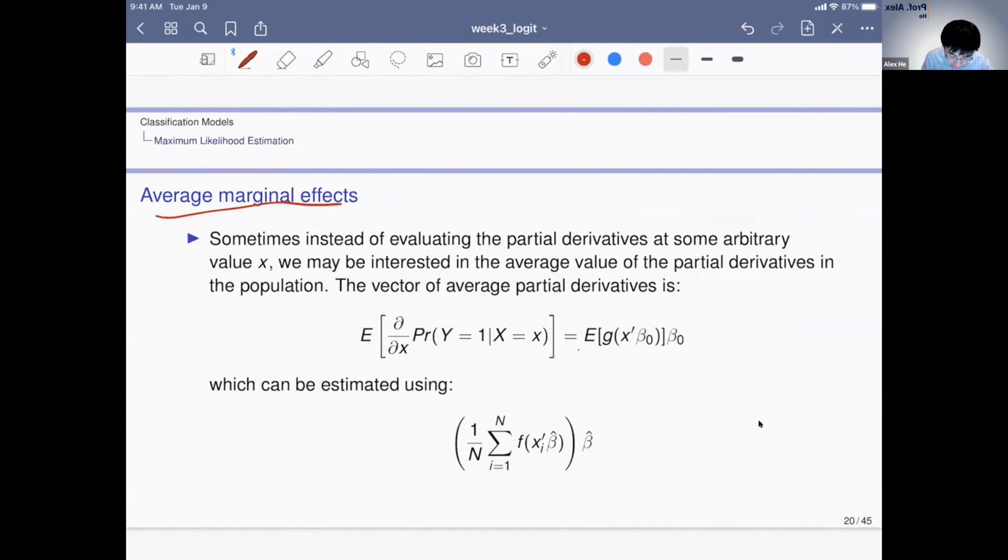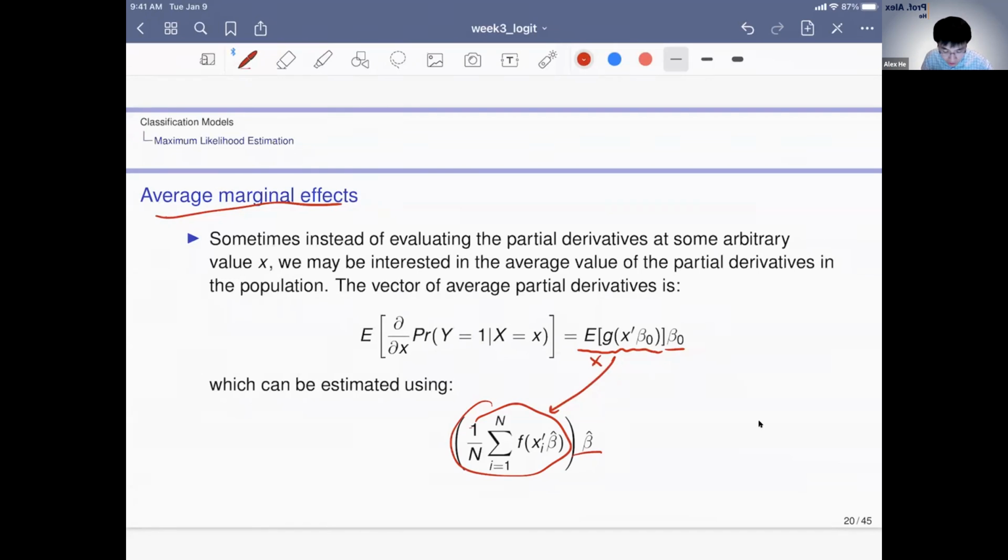So it's the expectation of this small g of beta x, taking that expectation across all the x's, and multiplying it by beta. If you have n observations, you can just calculate the expectation as the average of the small g at each x, and then multiply that by your estimate of beta.